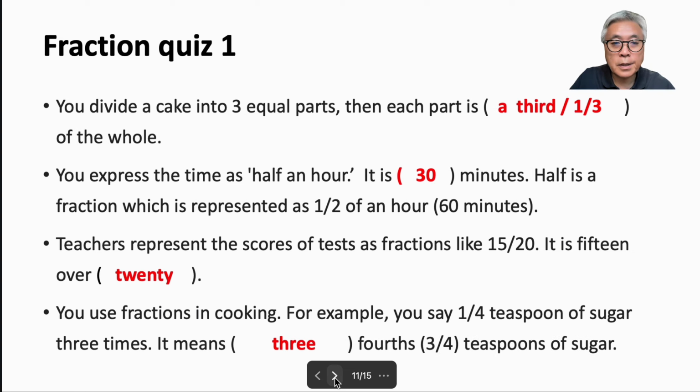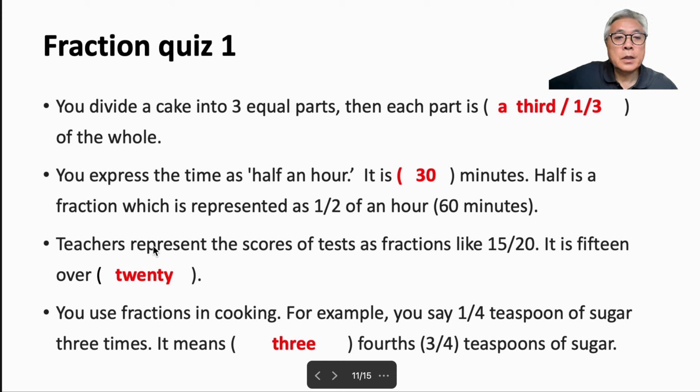All right. These answers are these. So you divide the cake into 3 equal parts. Then each part is a third of the whole. Next, you express the time as half an hour. It is 30 minutes. Half is a fraction, which is represented as a half of an hour, 60 minutes.